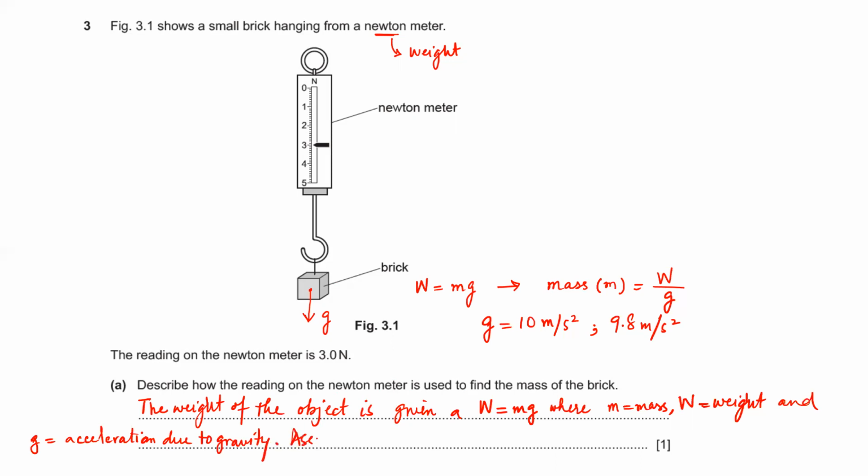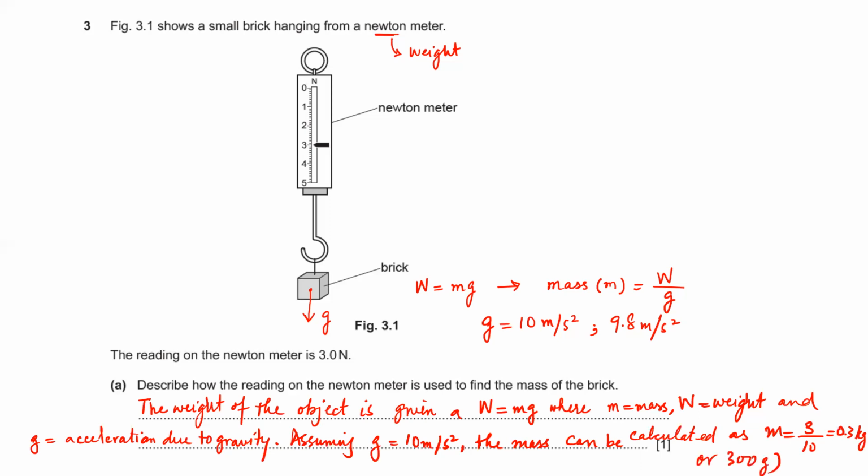So assuming g equals 10 meters per second square, the mass can be calculated as 3 Newton divided by 10, 0.3 kg, or 300 grams. Something like this, if you can simply write it in words, that would be a good answer.